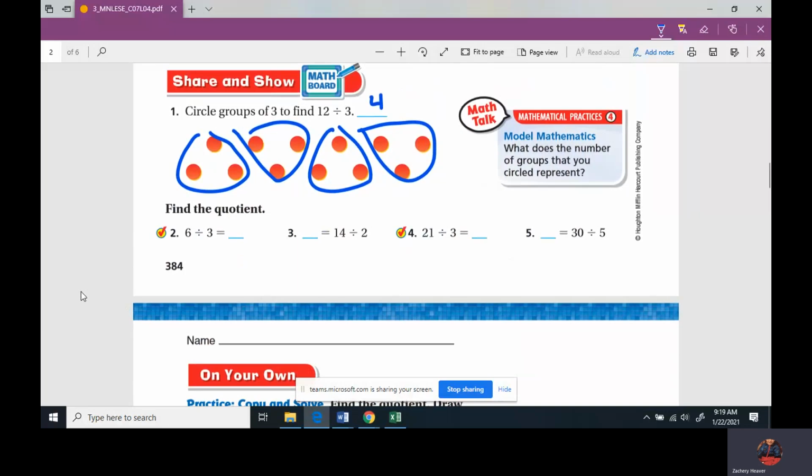All right, Mason. 6 divided by 3 is? Nope. Mason? Where's your multiplication chart at? Look at it. 2. Annie. 14 divided by 2 is?